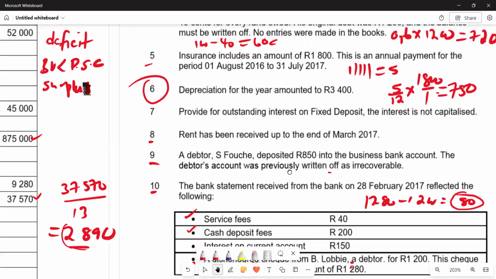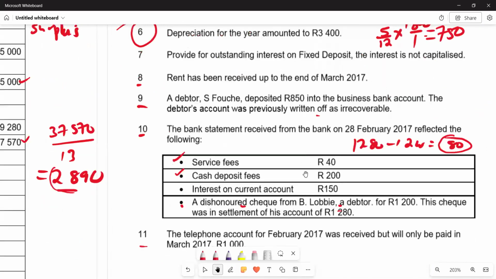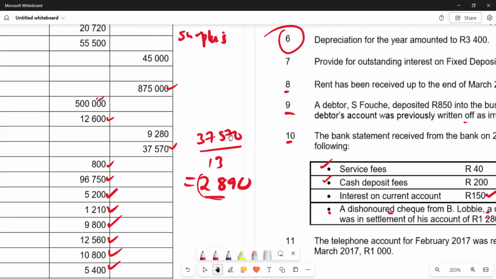We also have interest on current account, which was not reflected. So this one also is going to increase interest income, 150 plus the interest on fixed deposit that we have there.